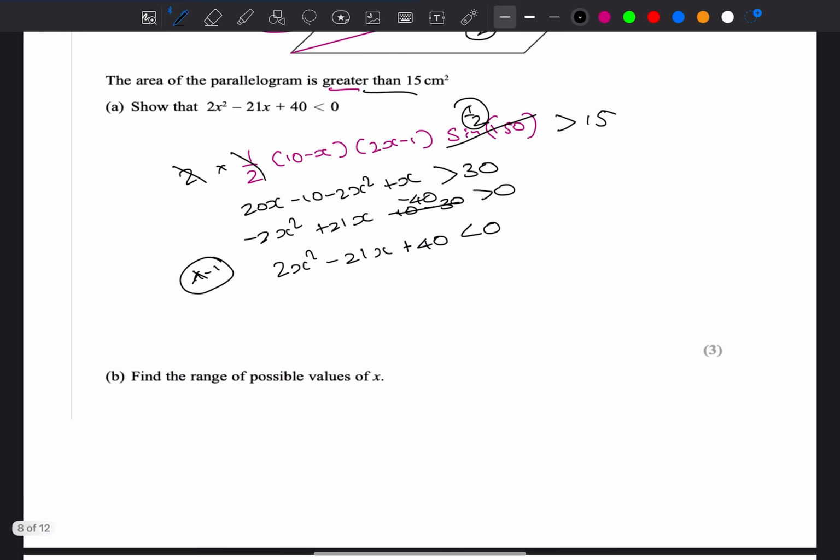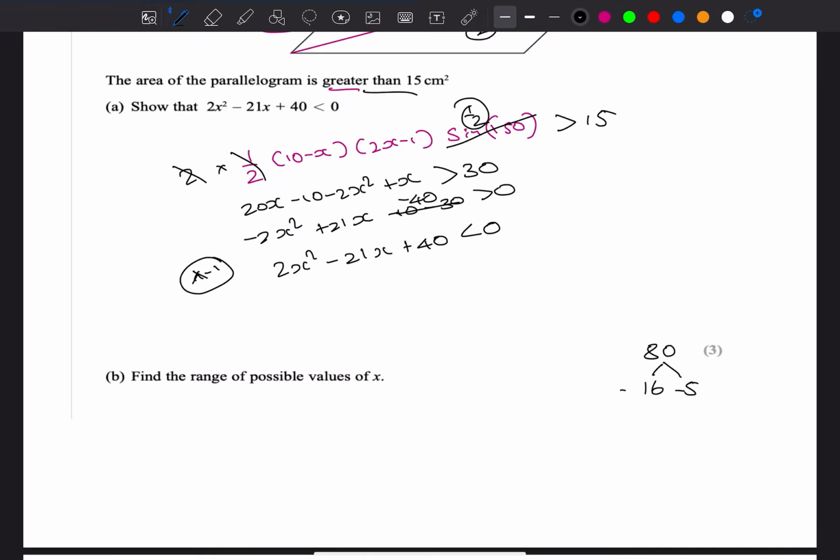Now, can you divide by any number? No. 2 times 40, which is 80, factors of 80 that will make 21. What numbers are they? 16 and 5, I think.